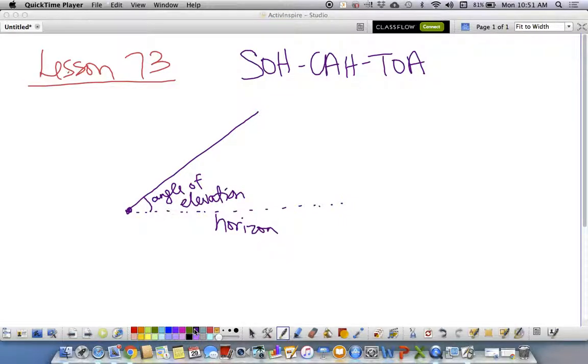If you are standing on top of a building, or in a plane, somewhere high up, and you're looking down at something, that is an angle of depression. We are still going to look from the horizontal, from wherever you are standing, there's a horizontal line of the horizon. The angle of depression will be from that horizontal, going down. So depression is down.